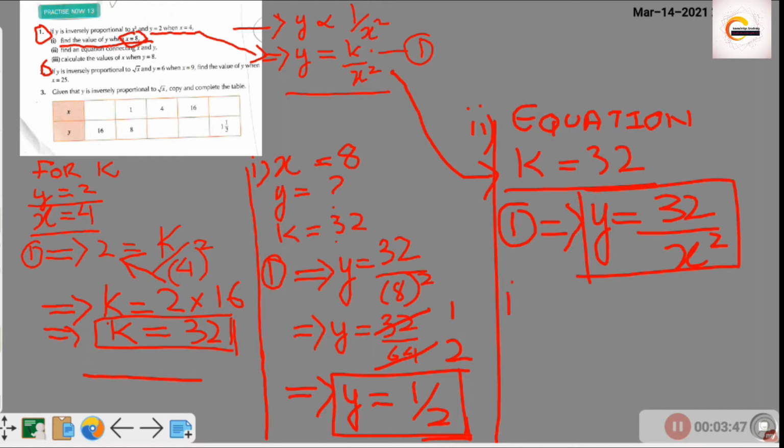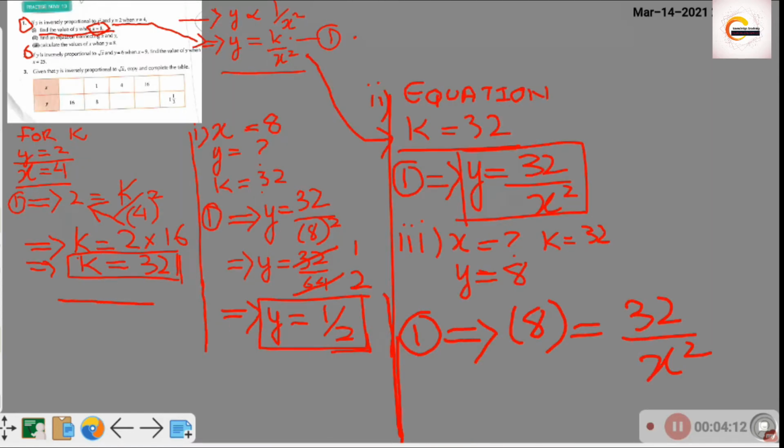Let's get to part 3. Part 3 is again very simple. We have to find out the value of x when we know that the value of y is equal to 8, and we know that the value of k is 32. We are going to put all these values in our equation number 1, and we will get the value of x.